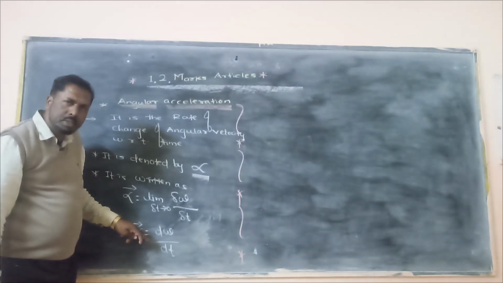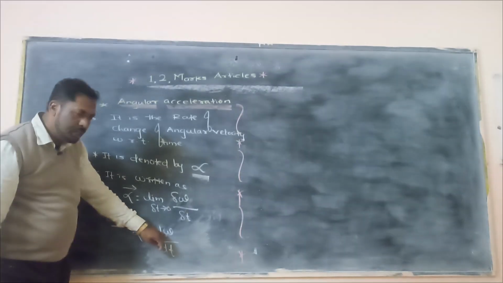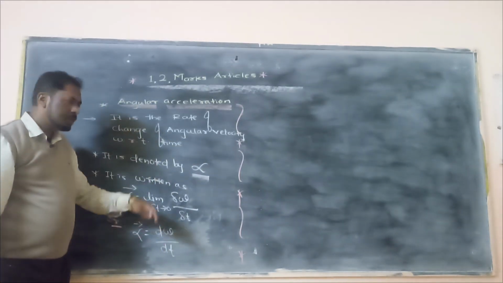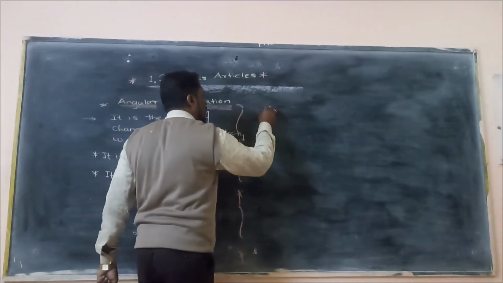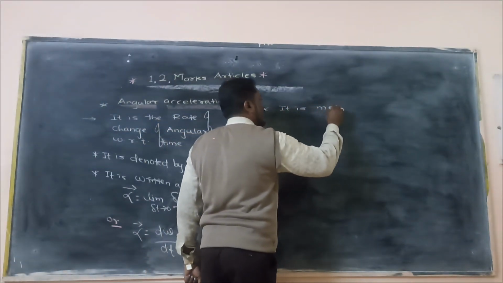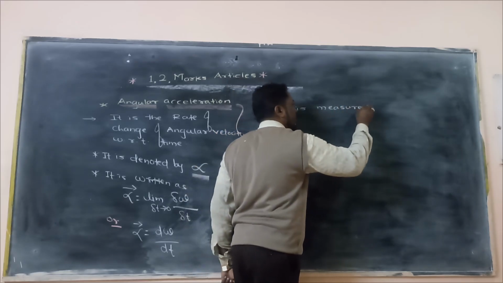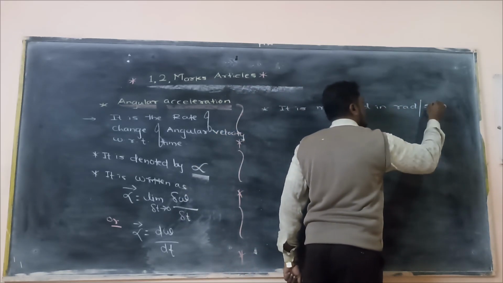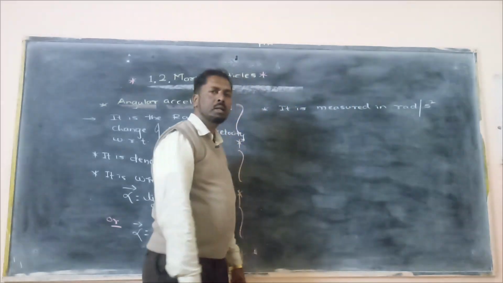Again d stands for change. So what we can say, change in angular velocity with respect to time is called angular acceleration. It is measured in radian per second square.